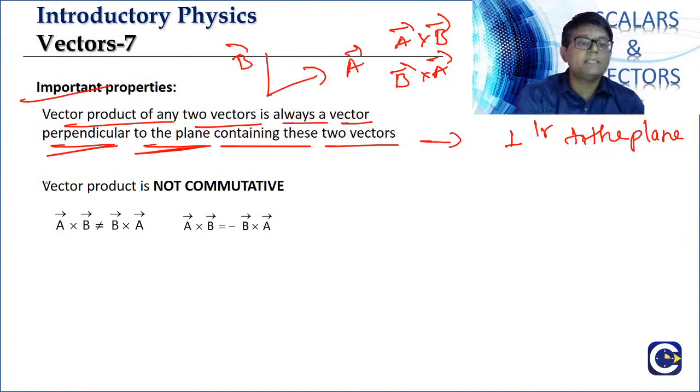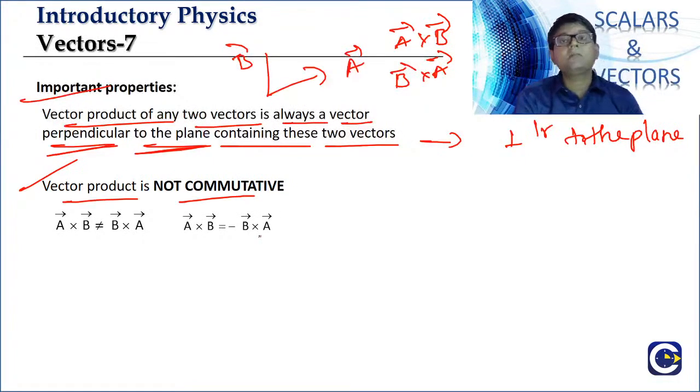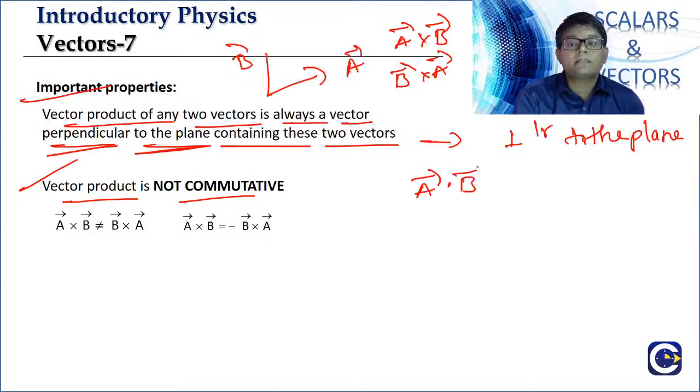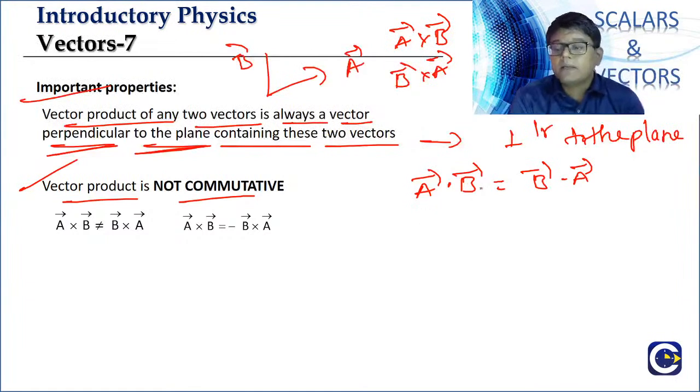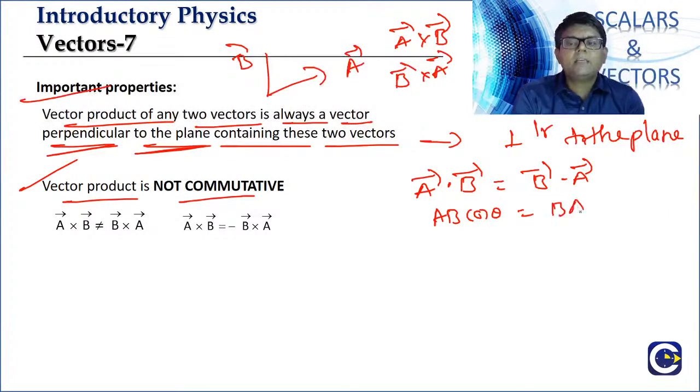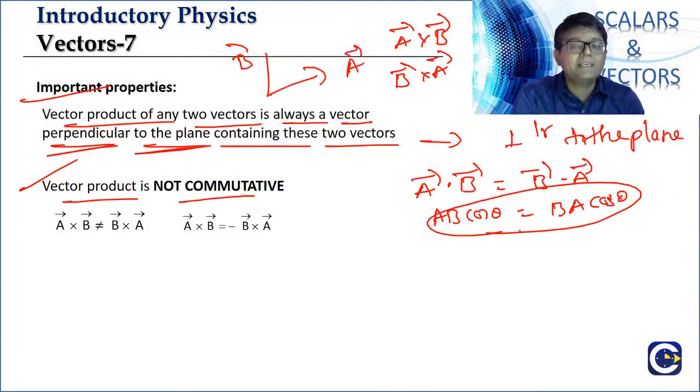Next property, this is what we saw previously. The vector product is not commutative. See, remember, for the dot product of two vectors, A dot B value will be equal to B dot A. Why? Because A dot B is AB cos theta. B dot A, if you write BA cos theta, both will be the same because dot product is a scalar quantity.